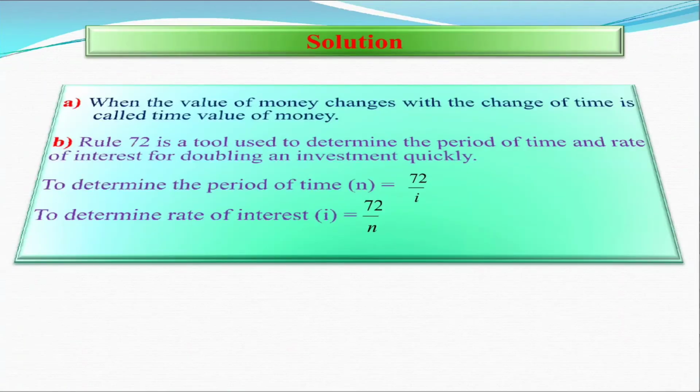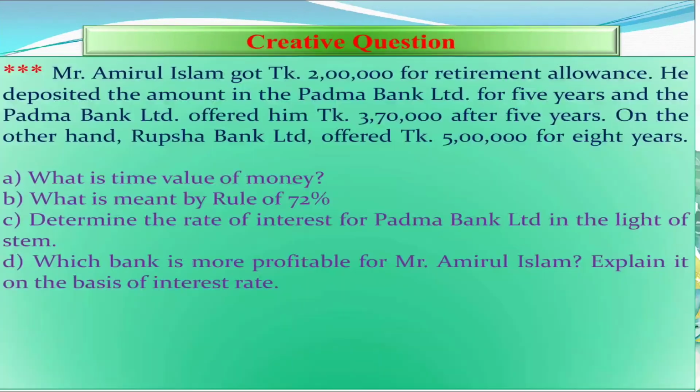Okay, now the question is D. Here we see: which bank is more profitable for Mr. Amirul Islam? Explain it on the basis of interest rate. So now we need to compare the two banks based on interest rate. We have already calculated the interest rate of Padma Bank, so now we just need to calculate the interest rate of Rupsha Bank.